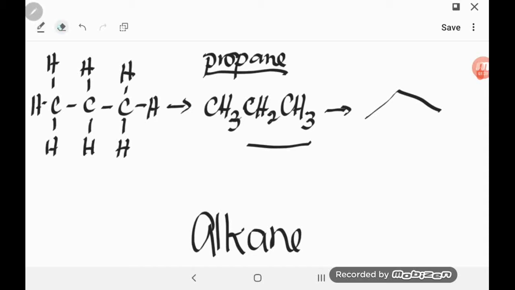The second example are the alkenes. An alkene is an unsaturated hydrocarbon that contains a carbon-carbon double bond. Here is an example of an alkene.